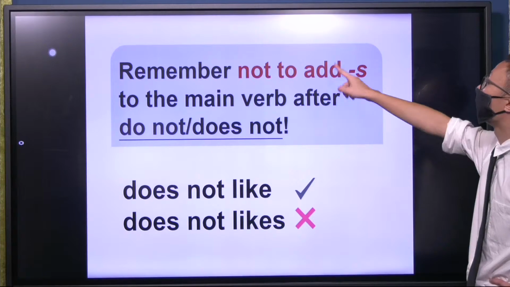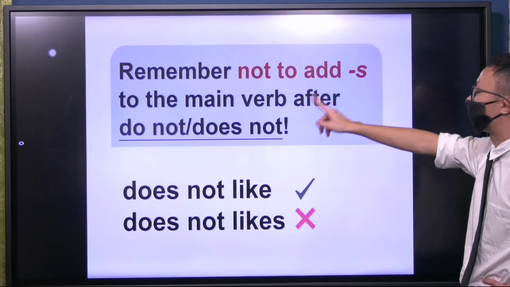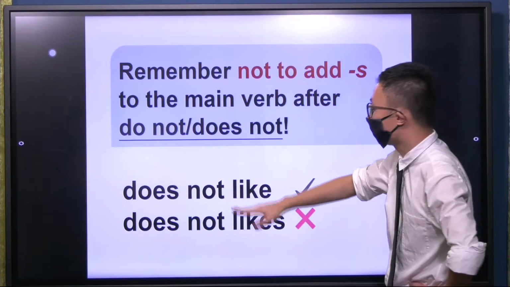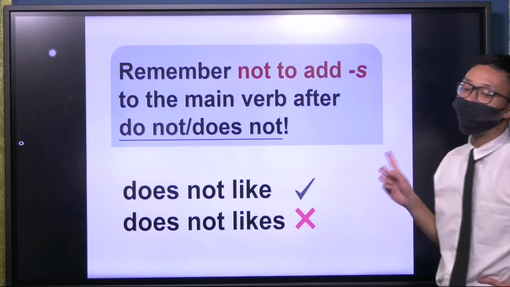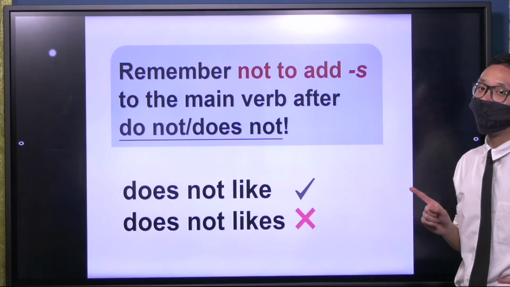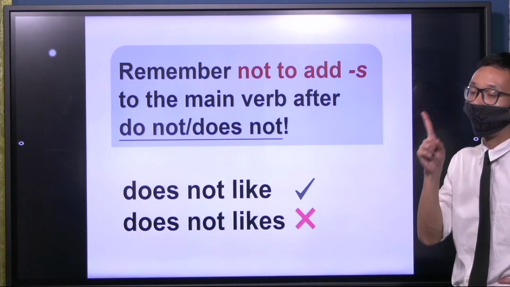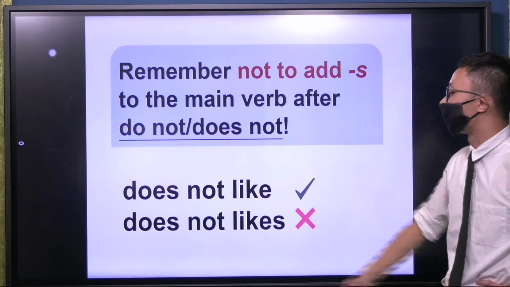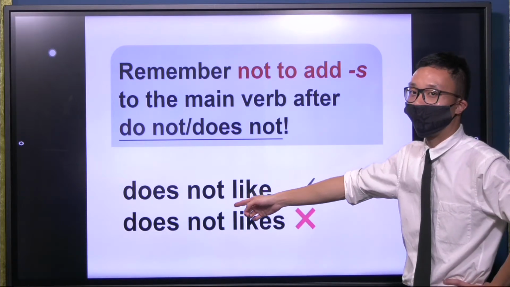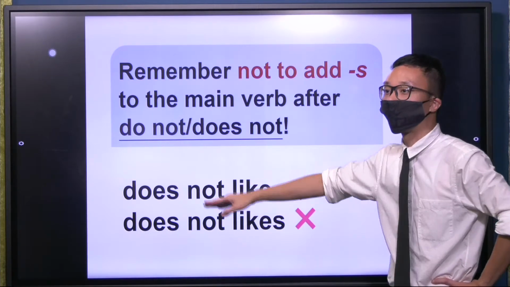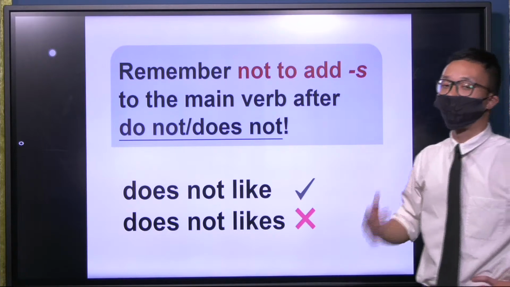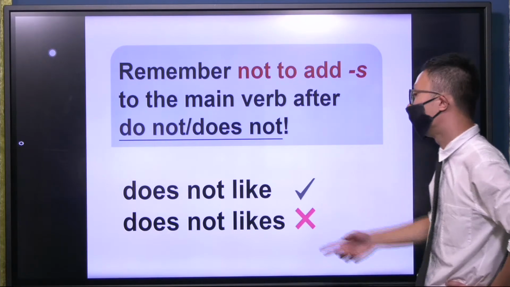So remember not to add an s to the main verb after does or does not. These are the main verbs. Each sentence has only one main verb, the real verb. The one that comes after not or after to is not the main verb. It is not the real verb. All right.